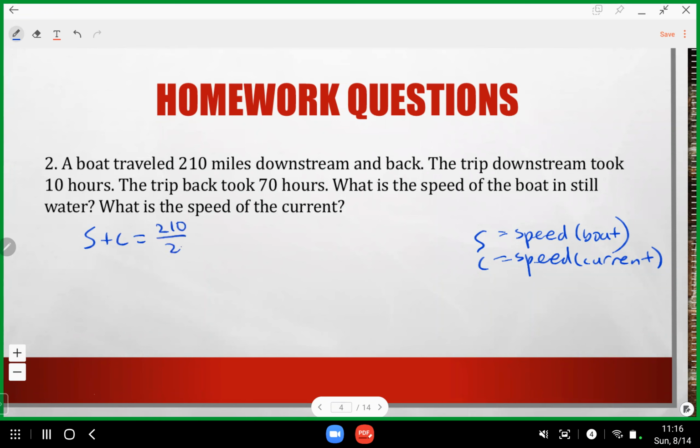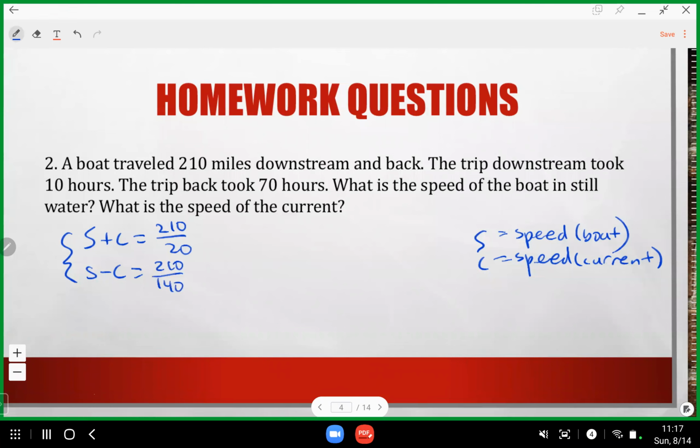And the speed of the boat going upstream is the speed of the boat minus the speed of the current, which is equal to 210 over 2 over 70, 210 halves over 70, which is also equal to 105 70ths.